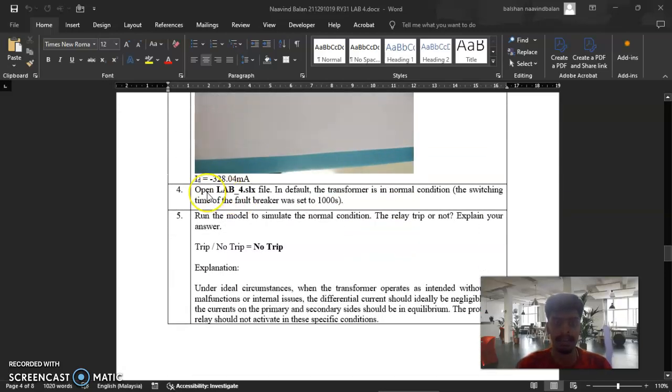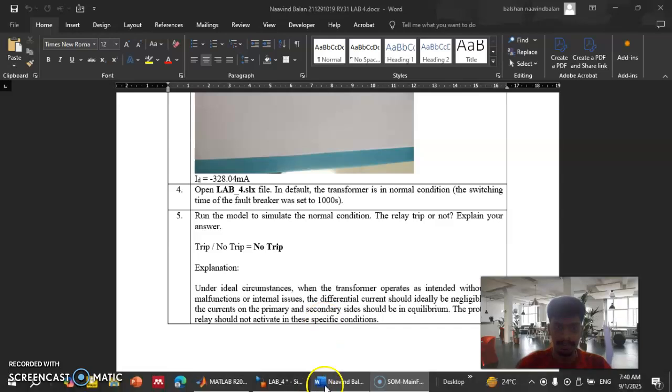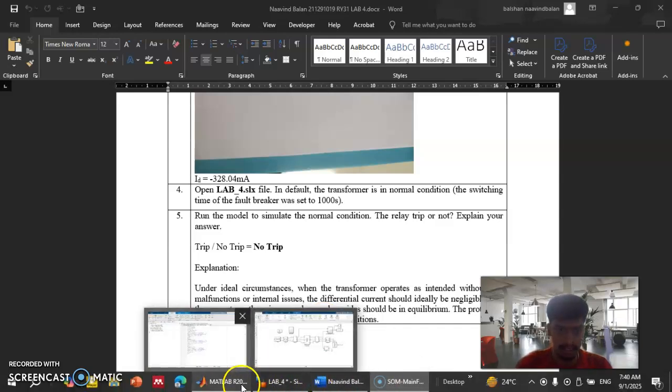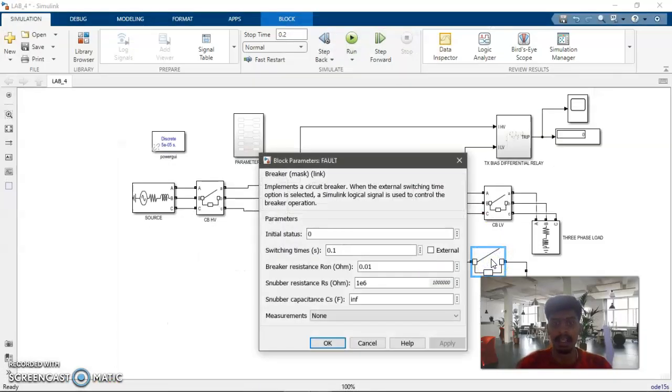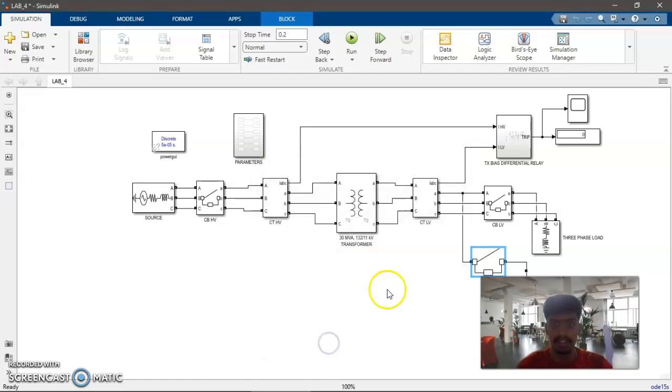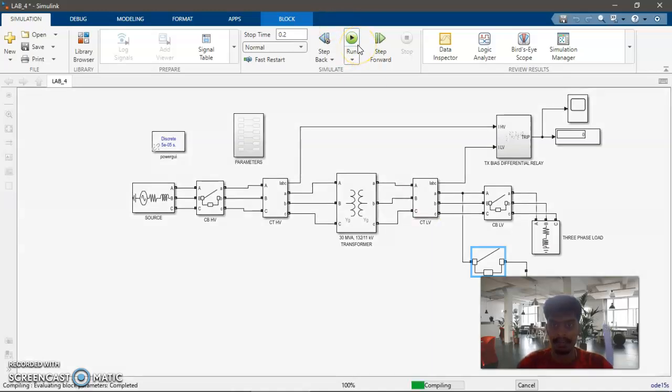Okay, so for the circuit, the open lab 4, the transformer is in a normal condition. The switching time for the fault breakers was set to 1000. So now I will show the circuit. The fault will be 1000, and I will run it.